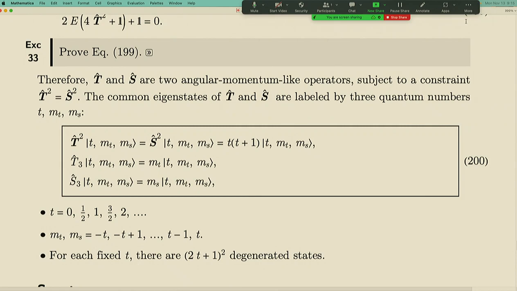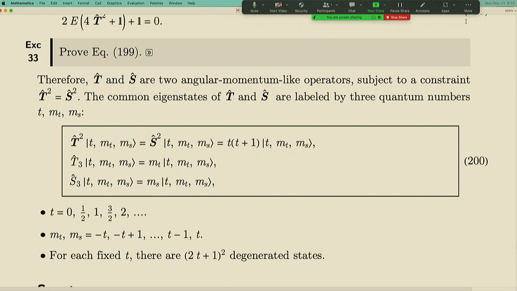One is T, the other is MT, which ranges from minus T to T, and then there's MS, which also ranges from minus T to T. And this T, as an angular momentum quantum number, takes values like 0, 1 half, 1, and so on, all the integers and half integers, such that on this kind of state, if you apply the T squared and S squared operators, because they are actually the same, they both give you T times T plus 1, which is what we know as a Casimir operator acting on angular momentum eigenstates.